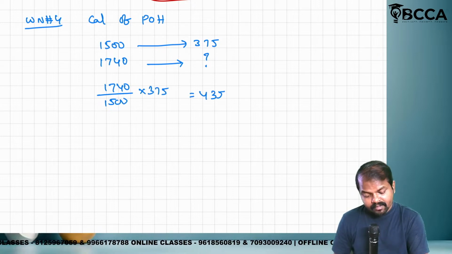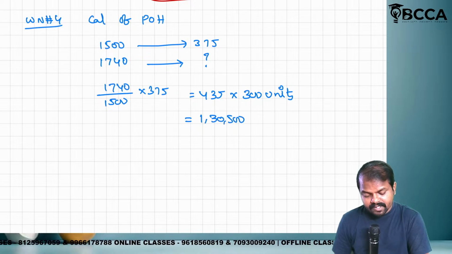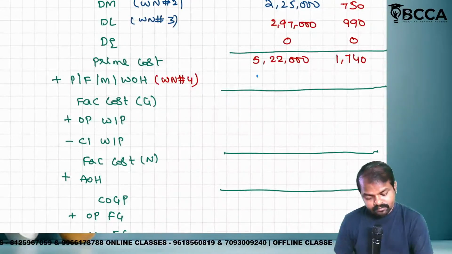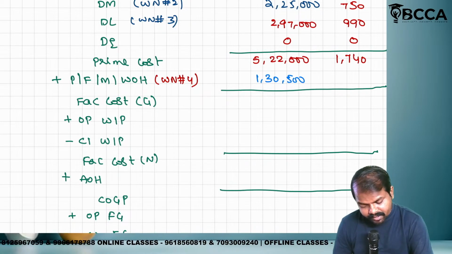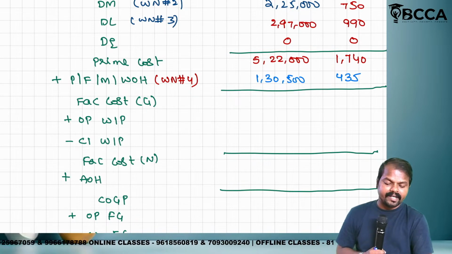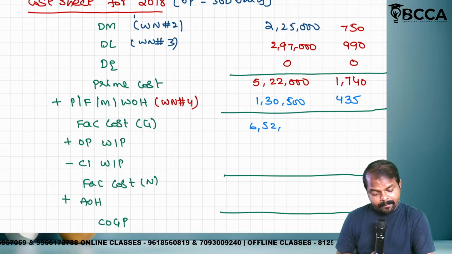430 into how many units? How much? 130,500. What is the cost per unit? 435. Please calculate. 6,52,500.